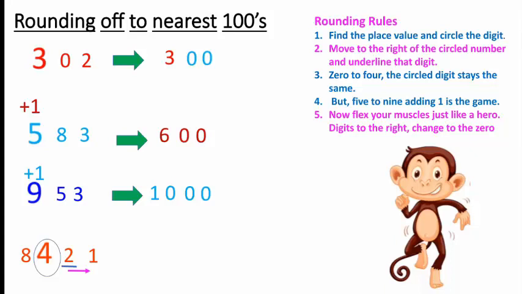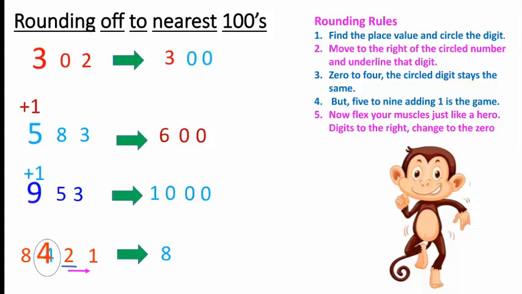So if this underlined digit is less than 5, we don't have to make any changes in the circle digit. Clear? So you can see the underlined digit is less than 5 here. So we will get the rounding off where the previous digits will be written as they are. As the underlined digit was less than 5, there will be no change in the circle digit also.